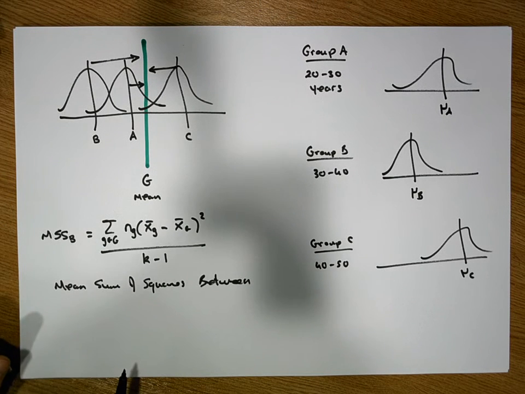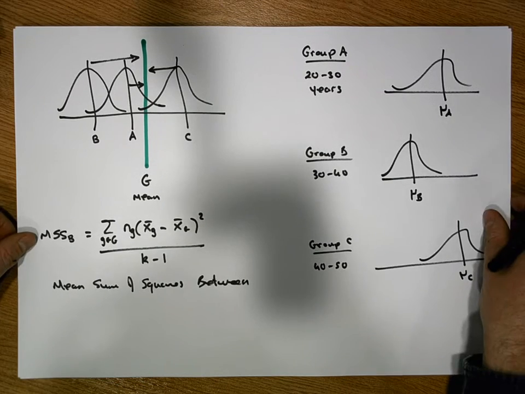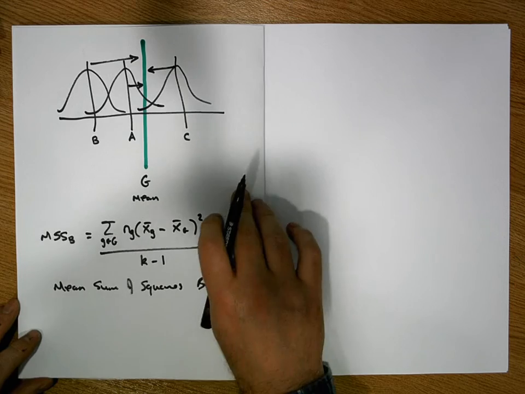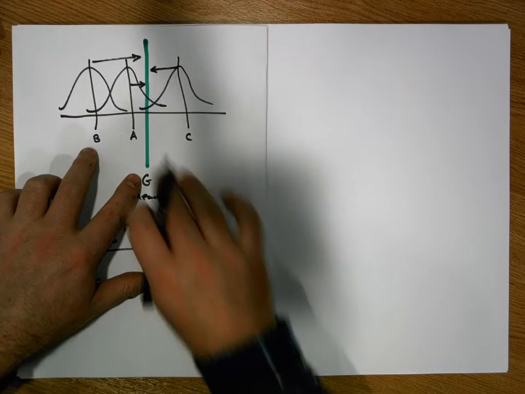Our second measure is one where we calculate how skinny, or how wide on average, the individual distributions are. So let's take this distribution again over here.